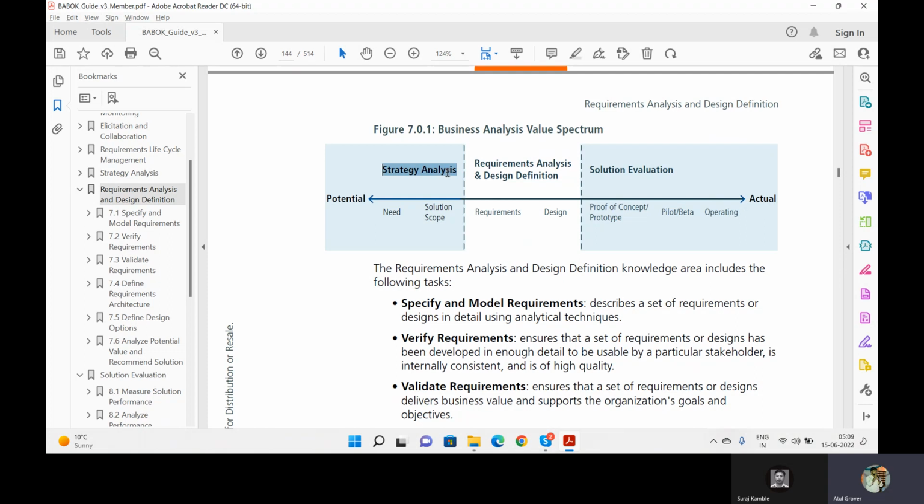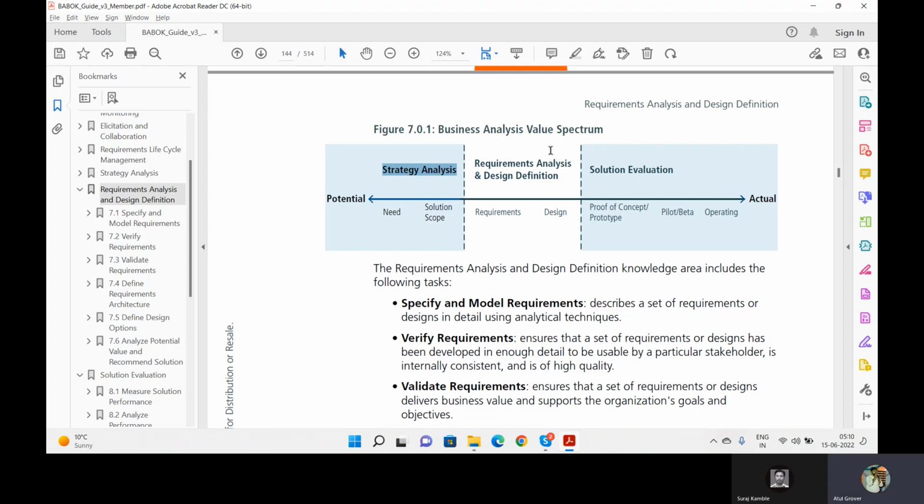I am in the strategic analysis part. In the previous one, I find the need and the solution, in which area I need to implement the solution. In this, I am in the requirements and design part. And under the next topic, that is solution evaluation, I am doing the POCs, beta or operating, and then I'm able to achieve my result.